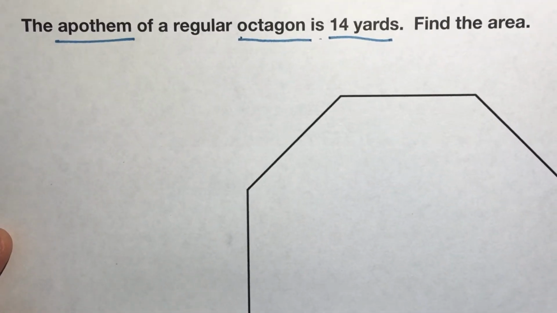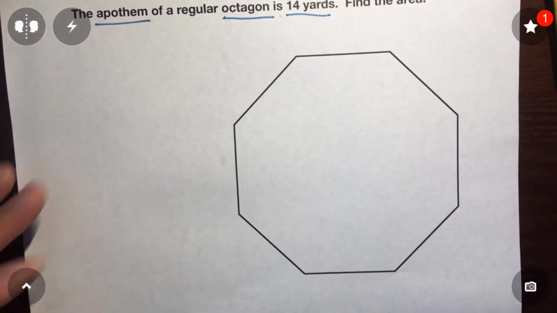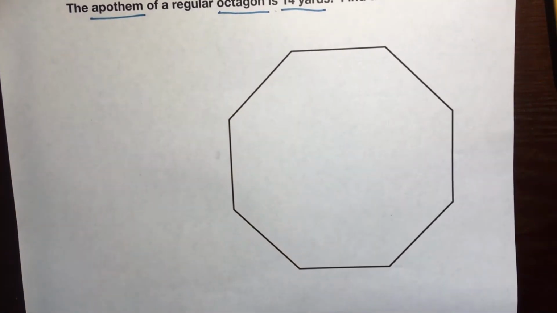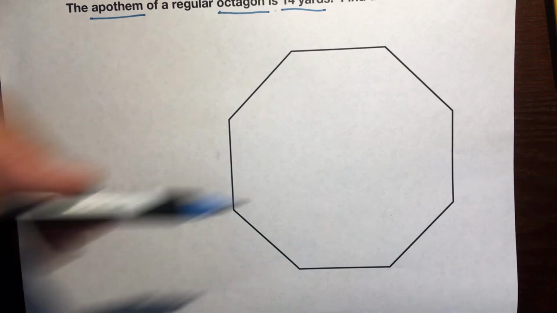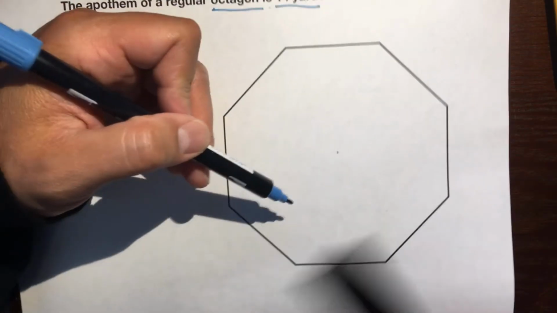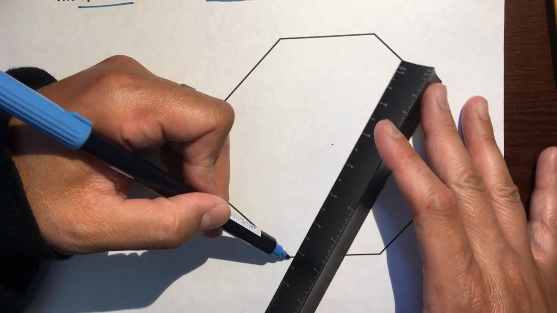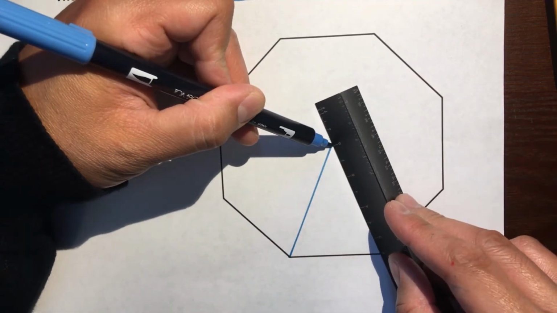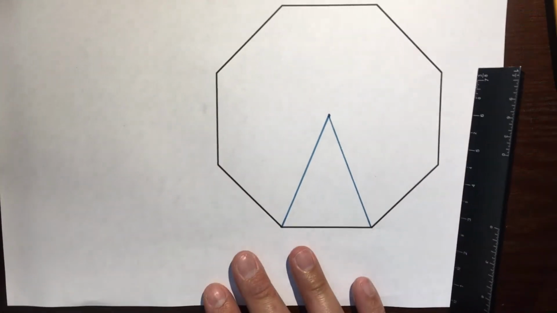Okay, apothem. Remember, apothem is not this right here. This is the side length. So let's split up this octagon into triangles so that we can focus on one triangle.